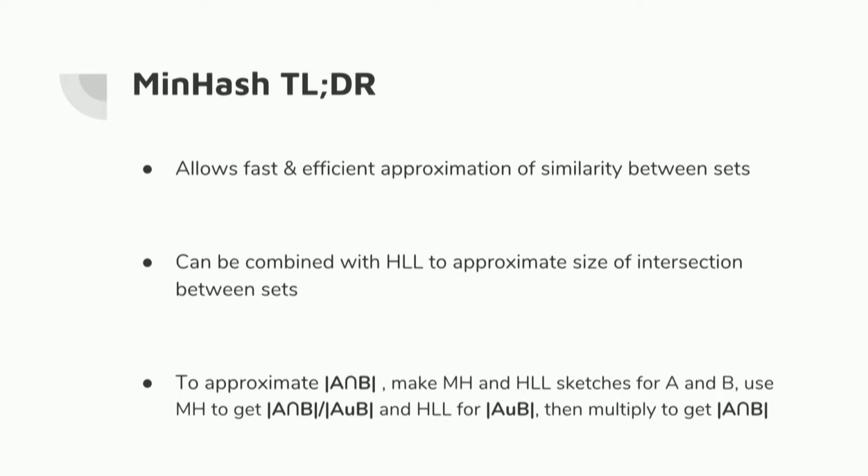If you want to approximate the size of the intersection, make a MinHash sketch and a HyperLogLog sketch. Use the MinHash to get the similarity. Use HyperLogLog to get the size of the union. Multiply those two, and you get the intersection. And those are all the queries that our marketing manager cared about running in that slide.